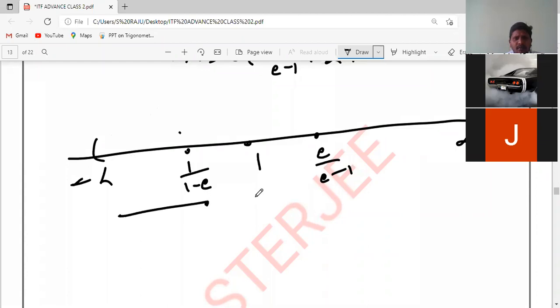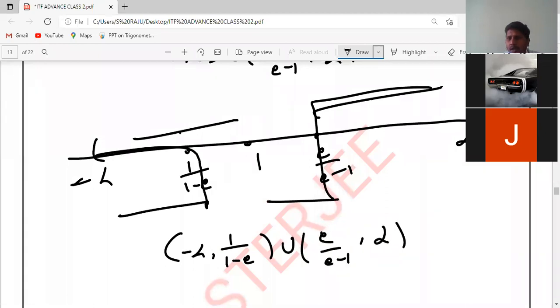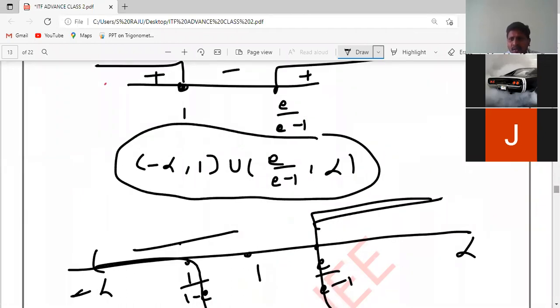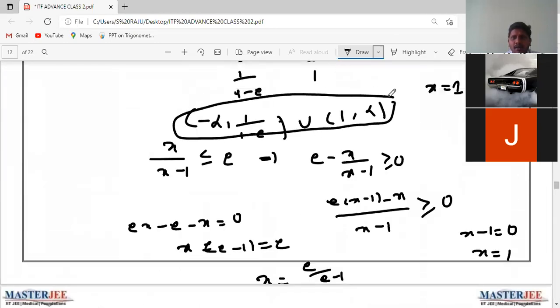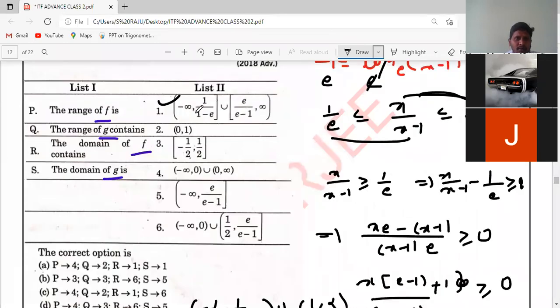For the first one, the second one will be like this. The common region finally is here to here and here to here. So minus infinity to 1/(1 - e) union e/(e - 1) to infinity. I have simply drawn a real line for this interval and a real line for the above interval. The common interval will be this.